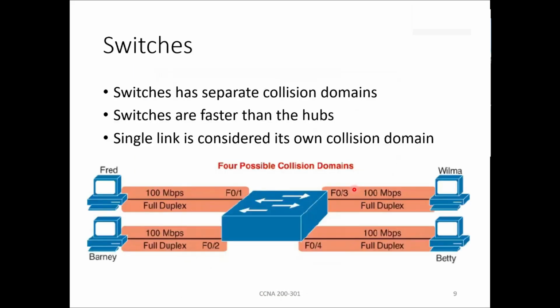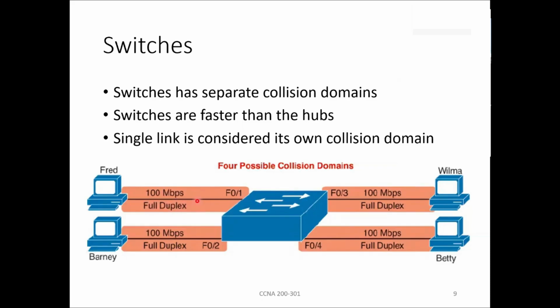Now switch, some of the stuff we know already about switch. Switch is a layer 2 device. Switch has separate collision domains. Collision domain means each of the switch's individual links is considered to be an individual collision domain. That means this individual link bandwidth will not be shared by other links, and it will be full duplex mode.